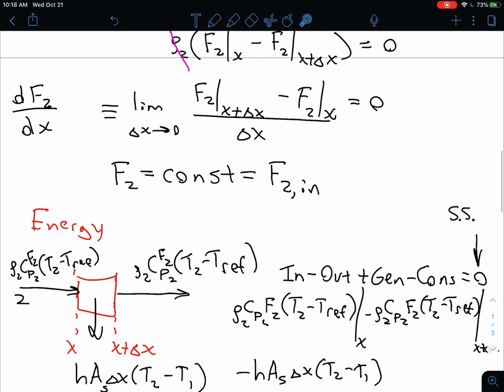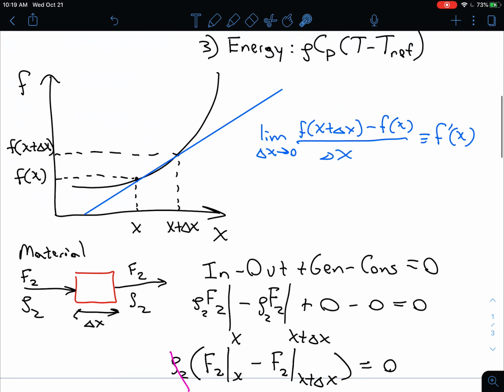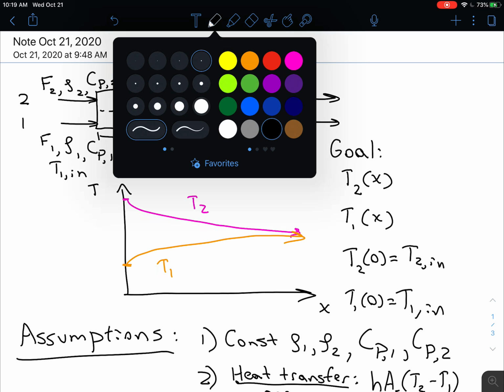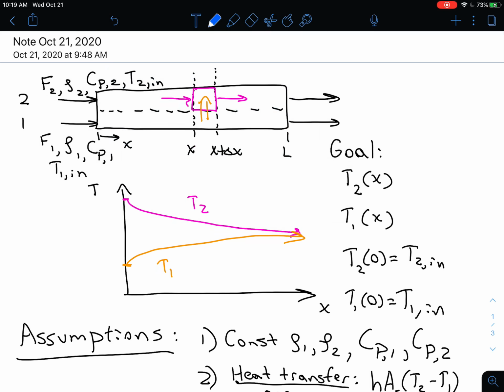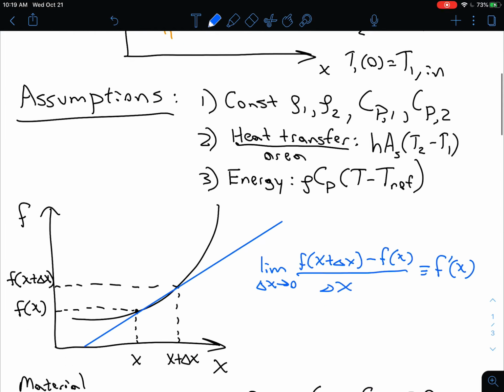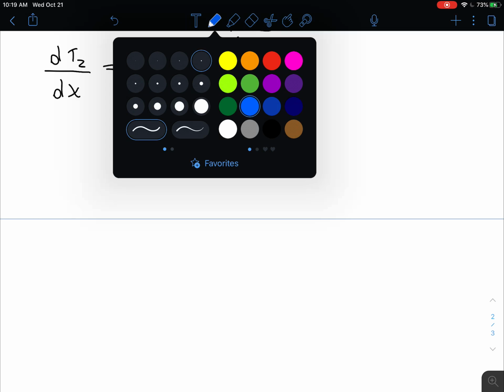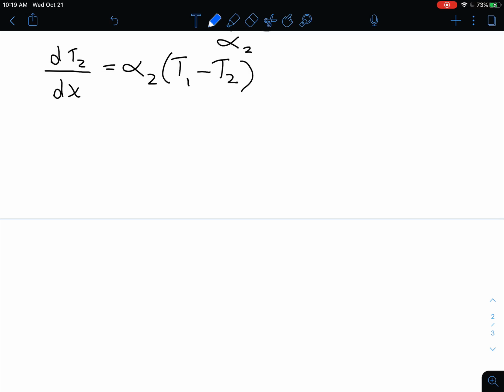And so for good measure, let's also now do a different control volume. Let's consider the same region, but in the other stream. So now let's look at stream 1. So this should look exactly the same. I'm just going to do an energy balance. I'm going to skip the material balance.